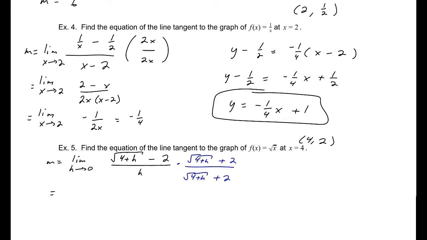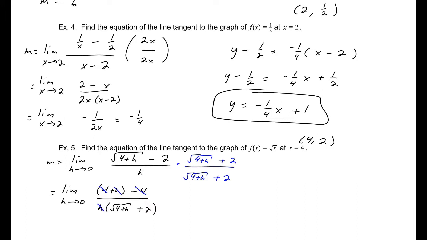All right, carrying on our limit, we cannot forget that. That's really important. We get 4 plus h minus 4 over h times the square root of 4 plus h plus 2. Okay, a few things cancel out here: the 4's and the h.